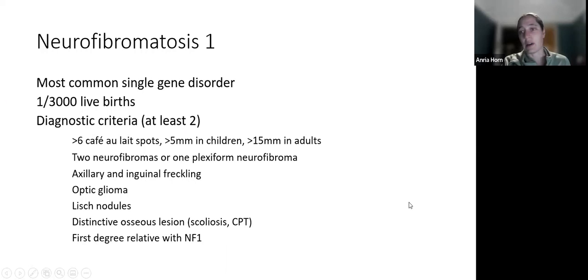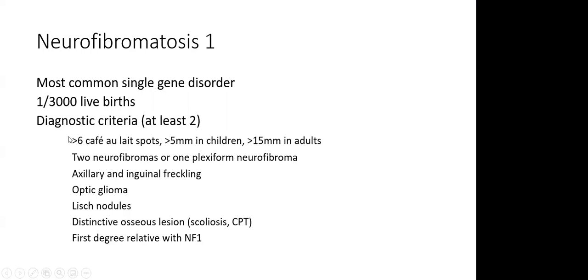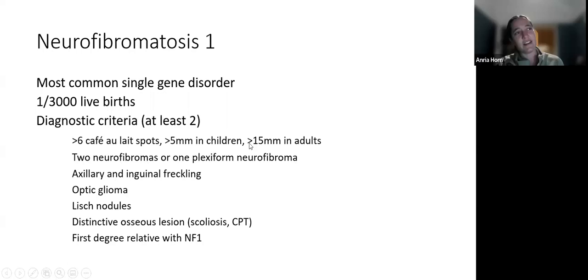So the diagnostic criteria, as we know, but it's always good to look out for it again. Mohammed, 6 cappuccino spots. It has to be more... not Mohammed, sorry, Omar. Cappuccino spots, more than 5 millimeters in children, more than 15 millimeters in adults. 2 neurofibromas, or 1 plexiform.